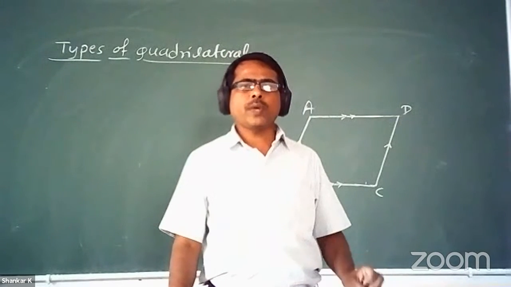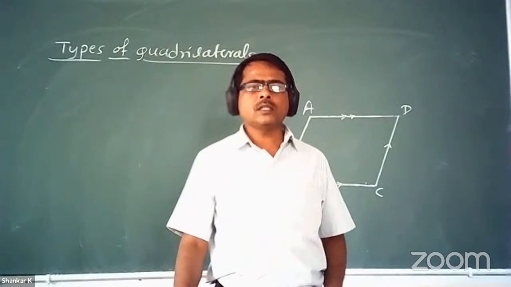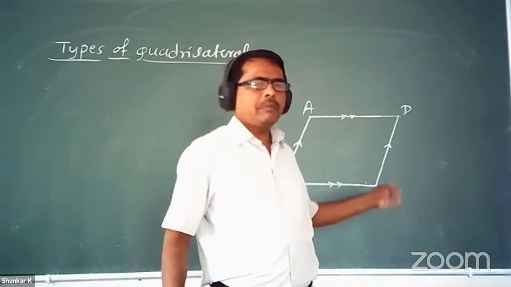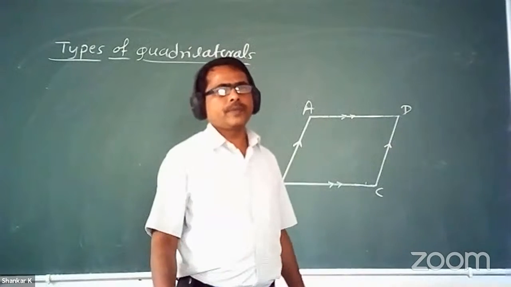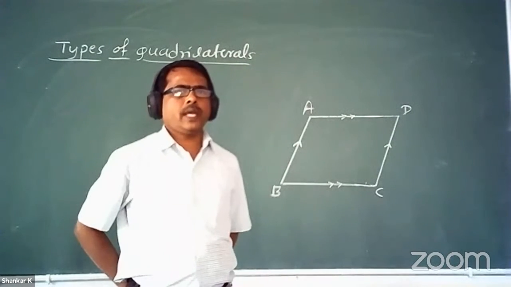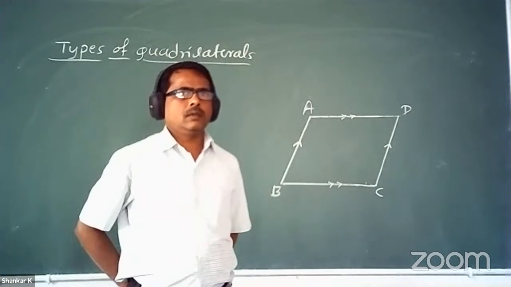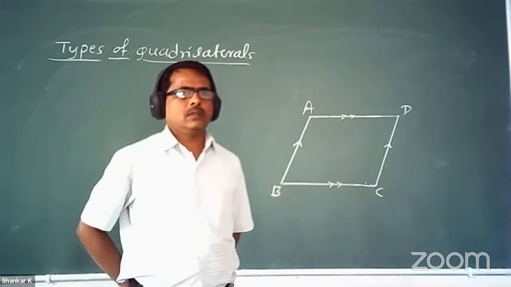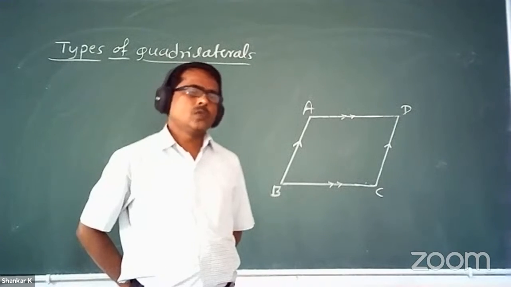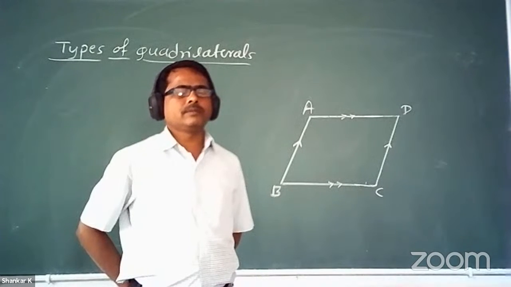The remaining shapes, square, rhombus, rectangle, can be defined in terms of a parallelogram. What is a square? Can you tell me? A square is also a parallelogram.